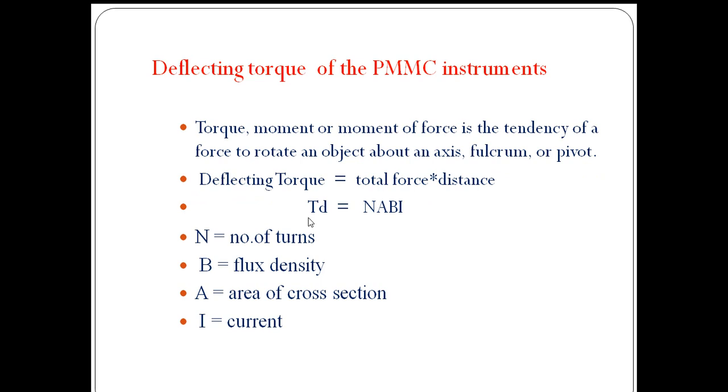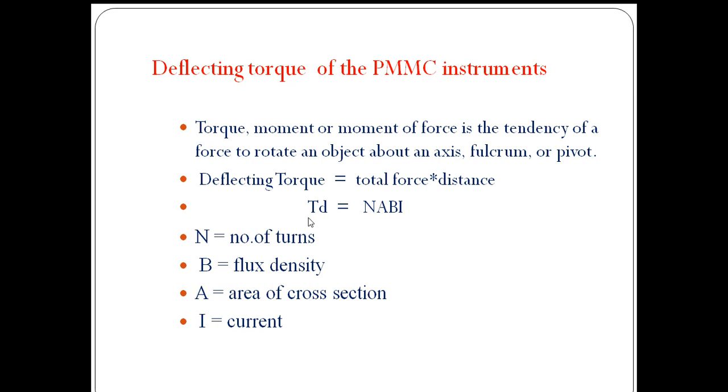Now we are going to derive the expression for deflecting torque of the PMMC instrument. The torque is nothing but the twisting moment of force about an axis, the tendency of a force to rotate an object about an axis.